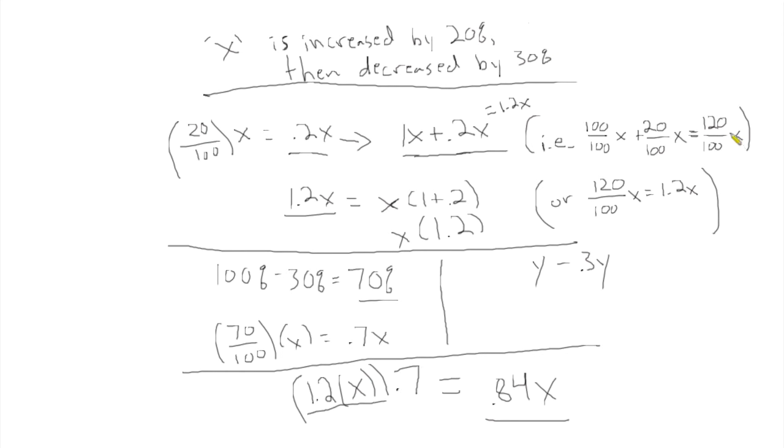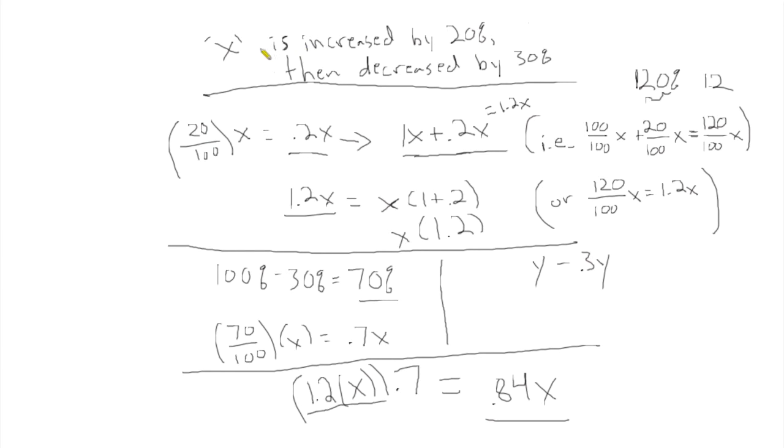And again, if we have 120%, remember the rule, we move the decimal 2 places to the left. So we get 1.2. Now we can multiply 1.2 by x, and that will give us 120% of x, i.e. x increased by 20%.